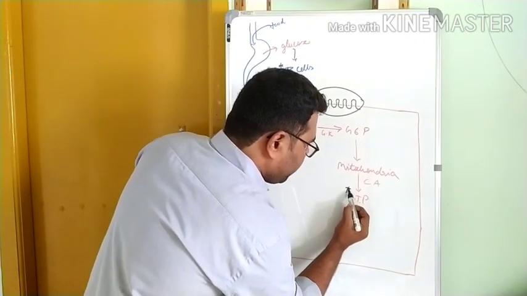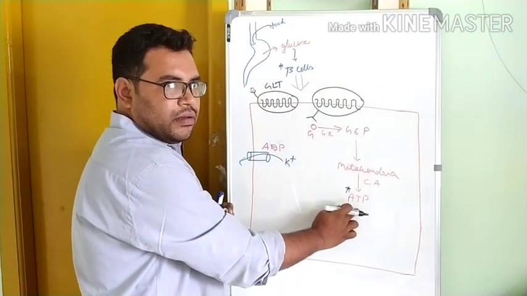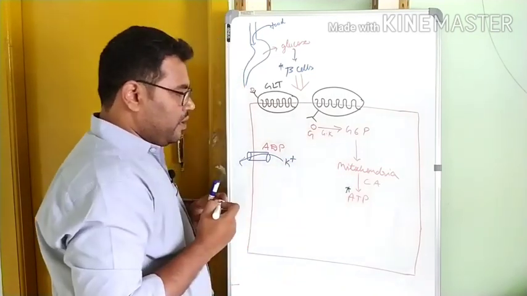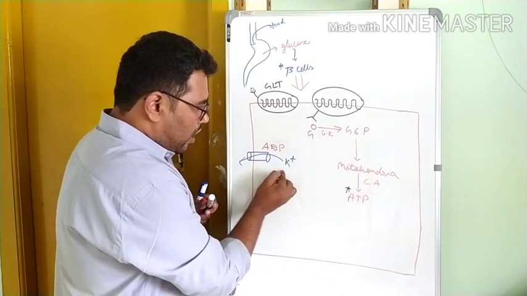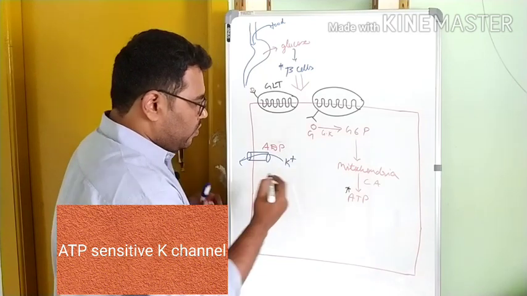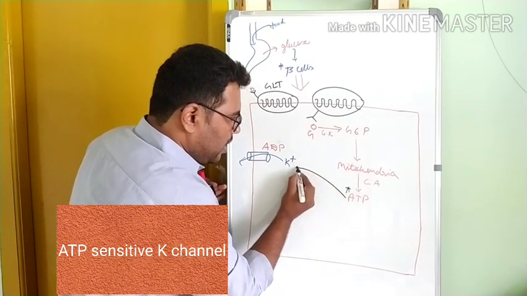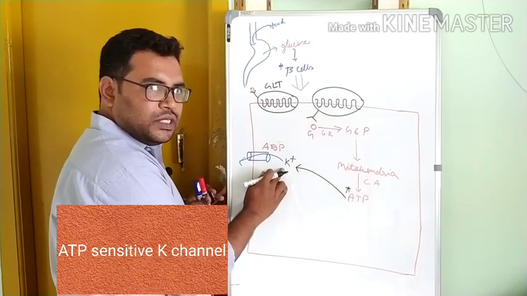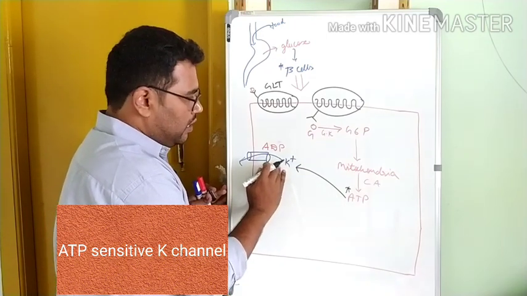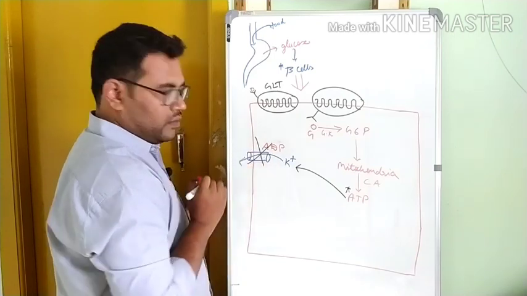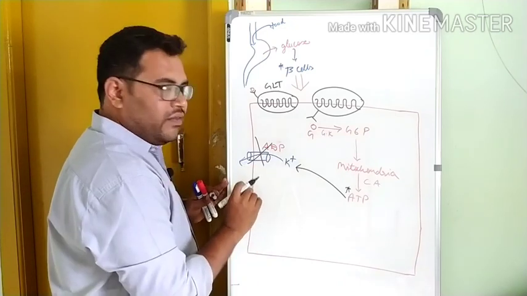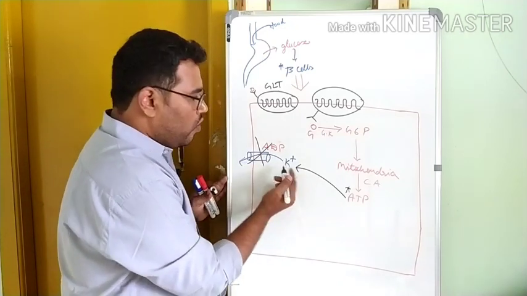Whenever these ATP molecules are formed with the help of glucose by the process of glycolysis, this ATP will attach to the potassium sensitive channel. Whenever ATP attaches to this potassium sensitive channel, this channel will get closed, right? Whenever this channel is kept closed, there will be no outgoing of potassium.